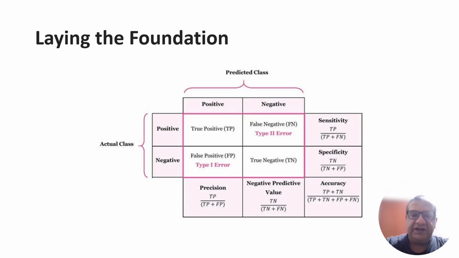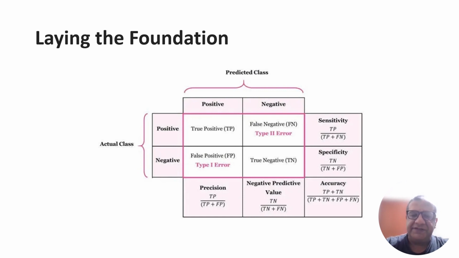As we see, there are broadly 5 different metrics which are used in the industry, which are derived out of the confusion matrix. One is precision, which is the ratio of true positive to true positive plus false positive. Then there is sensitivity, which is the ratio of true positive to true positive and false negative.